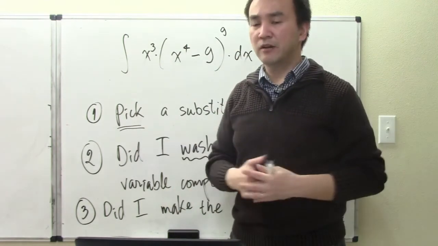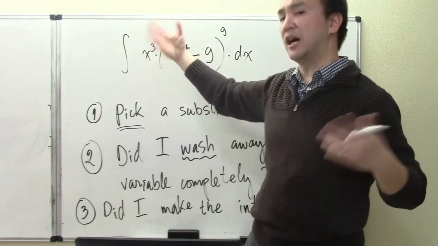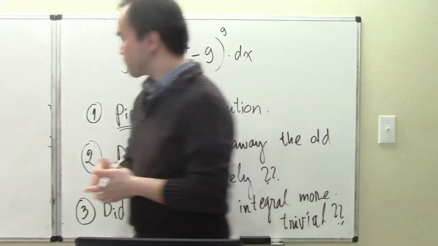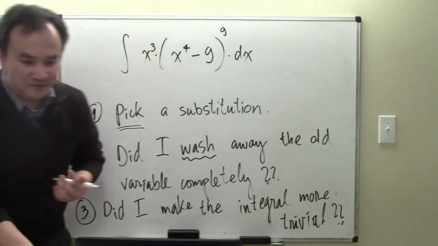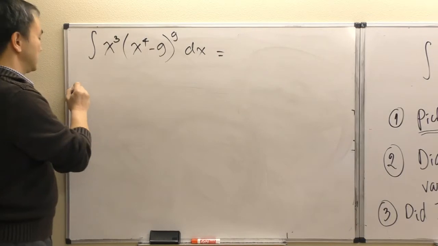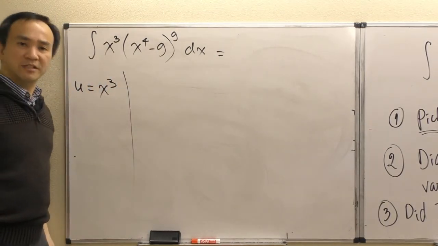You can pick something else different, because there are so many different expressions that are complicated enough for you to pick. Right at the beginning, you can pick this as your substitution.